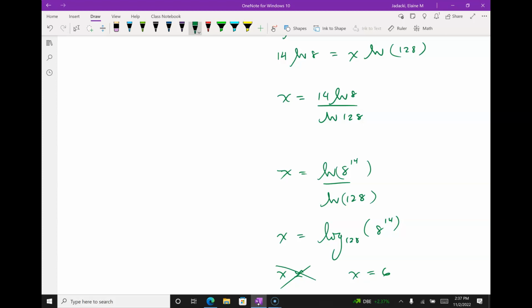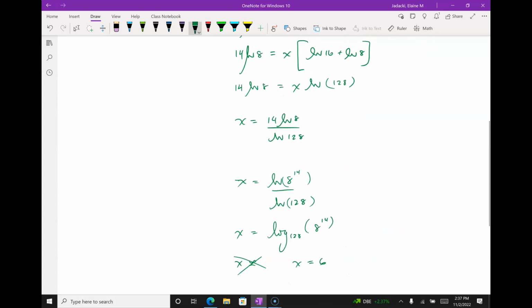Now, don't write this part, but I just want to show you what I would actually do here. I've got 14 times the ln of 2 cubed. Do you agree 2 cubed is 8? And I also have the ln of 2 to the 7th power. 2 to the 7th is 128.